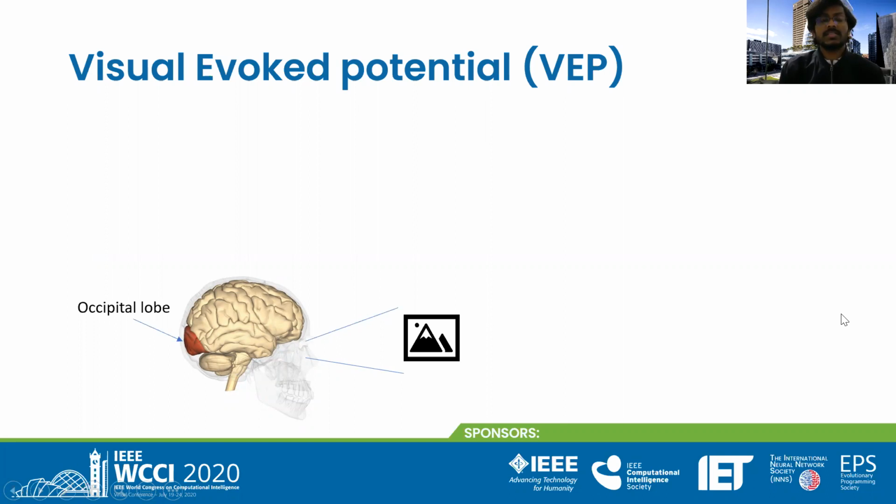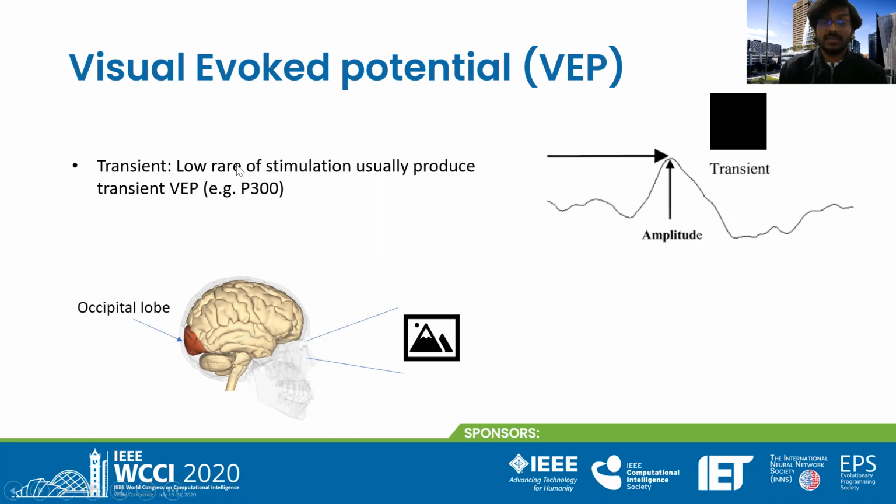So what is a steady state visual evoked potential then? Let's see how visual evoked potential leads to the steady state visual evoked potential. A visual evoked potential can be divided into two parts. One is a transient visual evoked potential, for example P300 shown in the previous slide, which occurs whenever the user is presented with a rare stimulation, and such rare stimulation generates a P300.